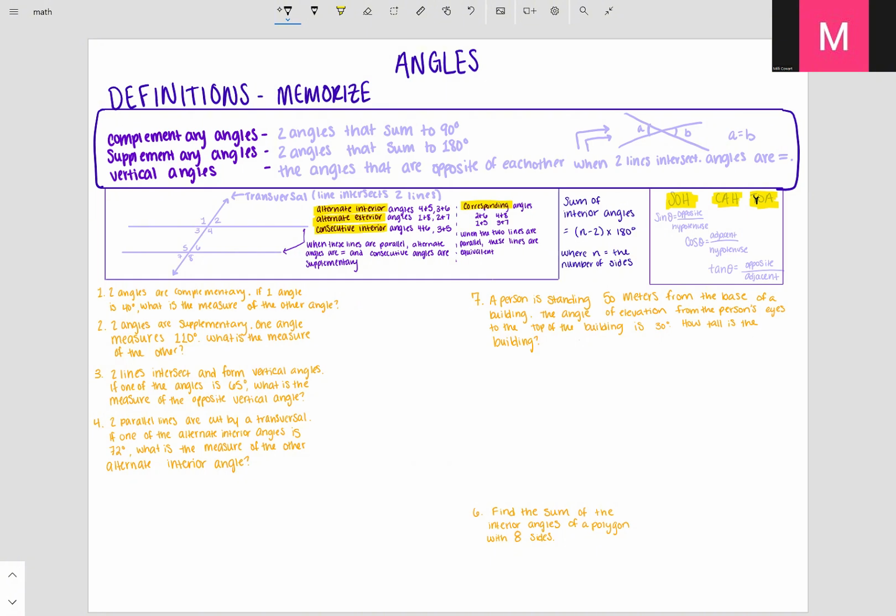So the first thing we want to look at is alternate interior angles, like angles 4 and 5 and 3 and 6. These are alternating inside the two parallel lines. Alternate exterior angles are the same idea, 2 and 7, 1 and 8.